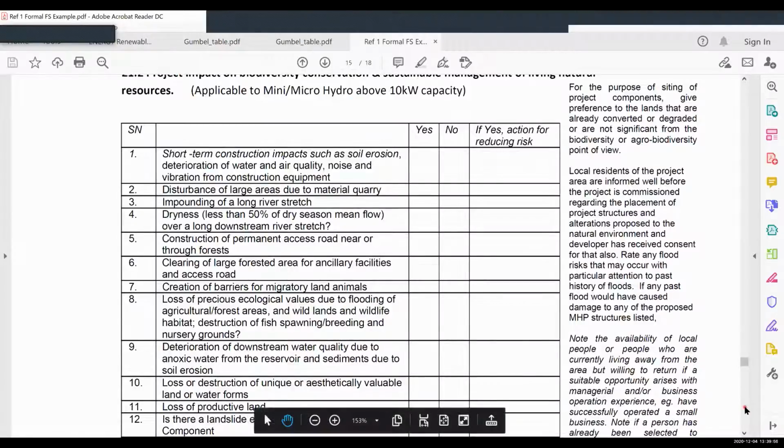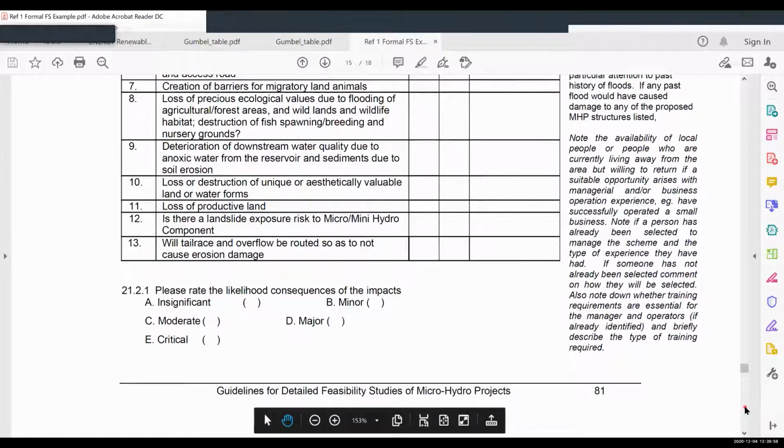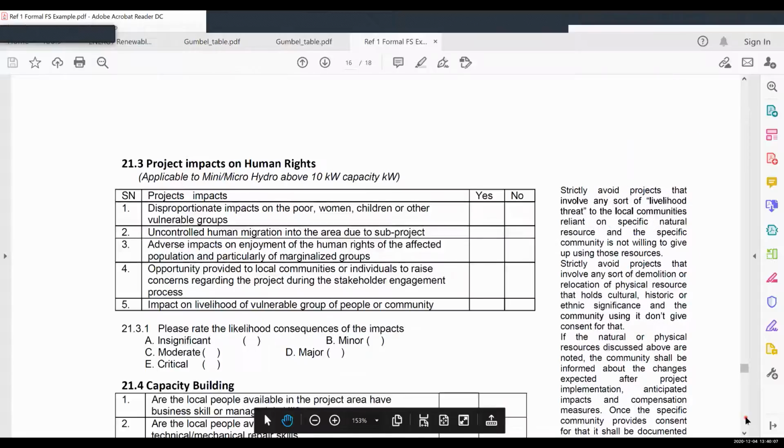You have to do this, and also be able to say whether the impacts will be significant. There are also human rights. Nowadays you have to make sure, will it disproportionately impact the poor, women, children, and vulnerable groups?